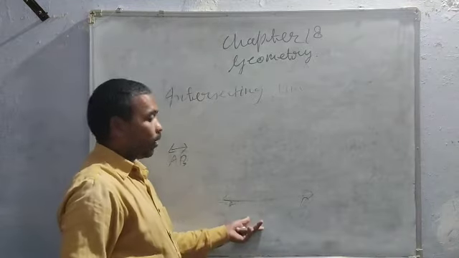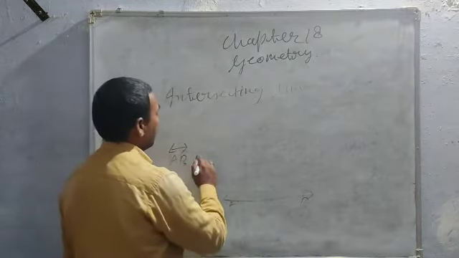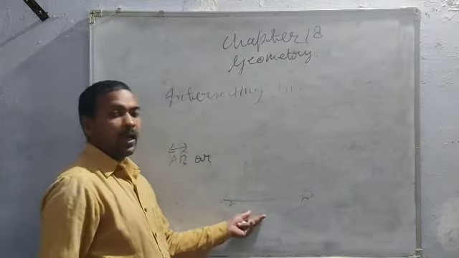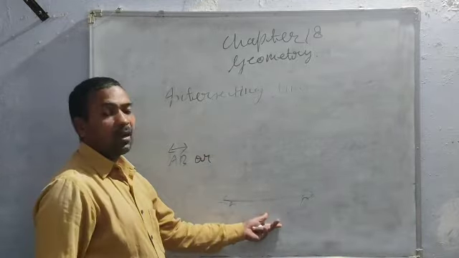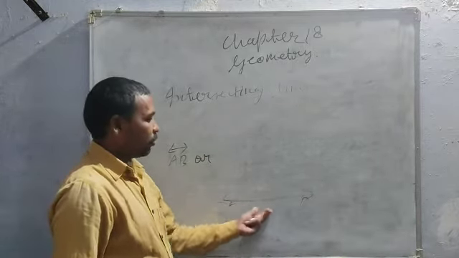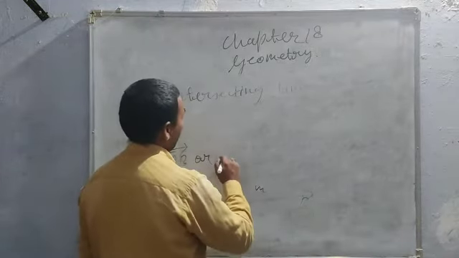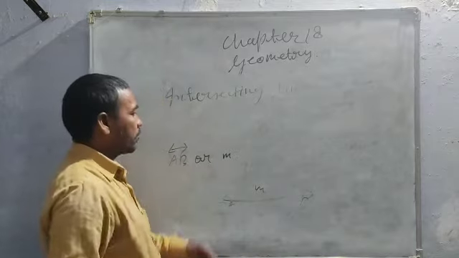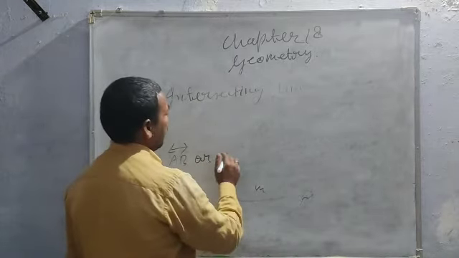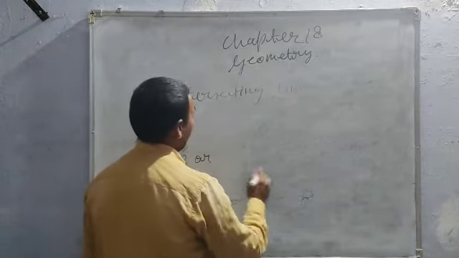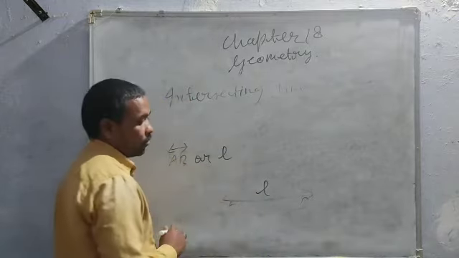Or we can represent any line using a small alphabet letter. Suppose you want to use small m, so you can write small m, or any small letters like small l.